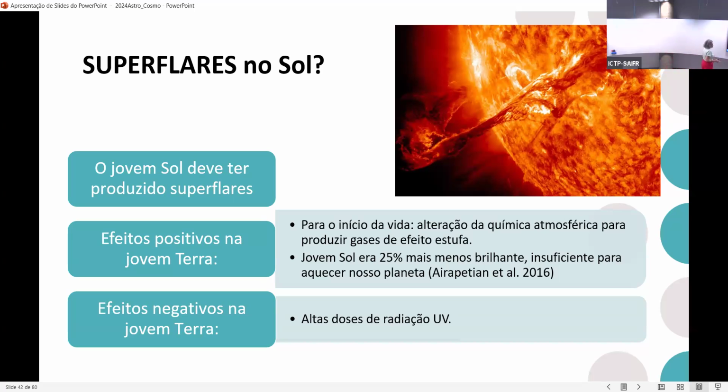But you don't want too much ultraviolet radiation dose, because of course that will kill the life that is trying to evolve. And the young sun was about 25% less bright than it is today.